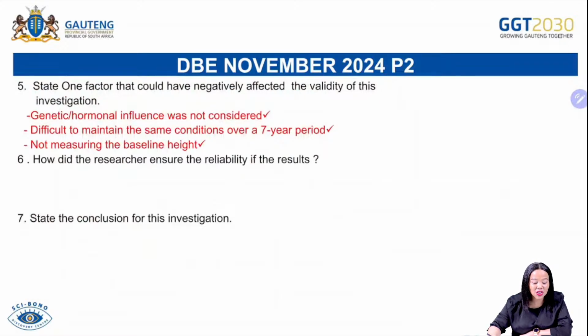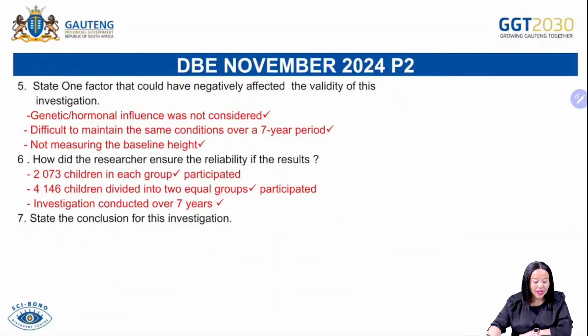How did the researcher ensure the reliability of the results? The researcher used 4,146 children, and they were divided into two equal groups. Grade 12 learners, you cannot just say the researcher used 4,146 children. Those children were not exposed to the same conditions.